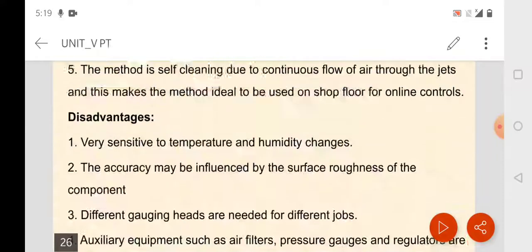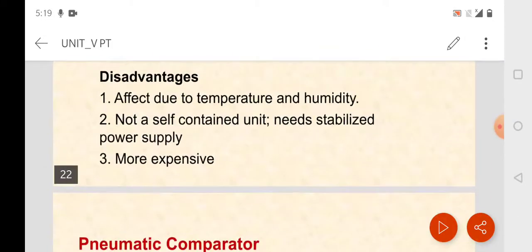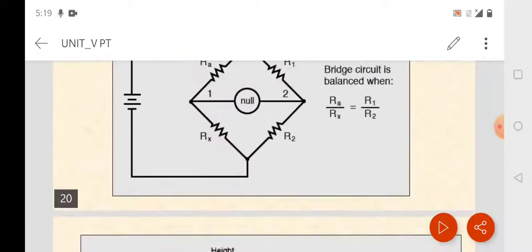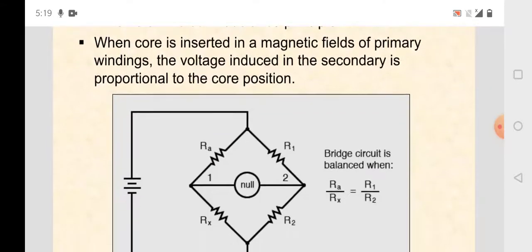So these are the comparators used to check the variation between the standard workpiece and the workpiece to be checked. There are 4 types: mechanical type, pneumatic type, electrical type, and optical type. Optical type is again in combination with mechanical type, and in mechanical type there is a limitation that magnification can be only up to 200 times.